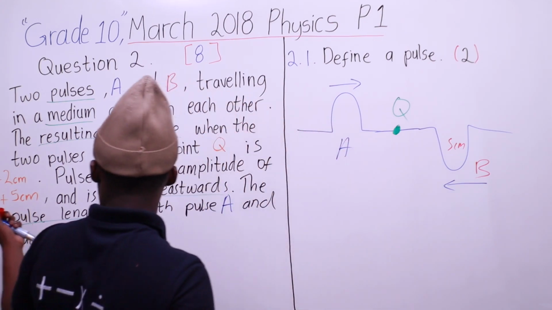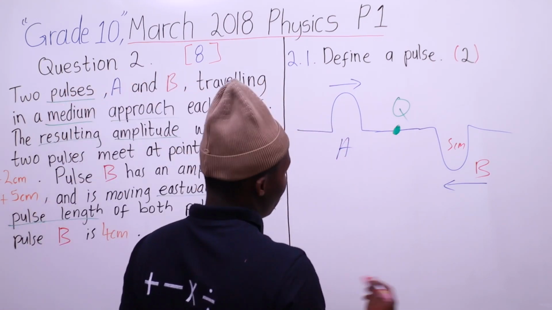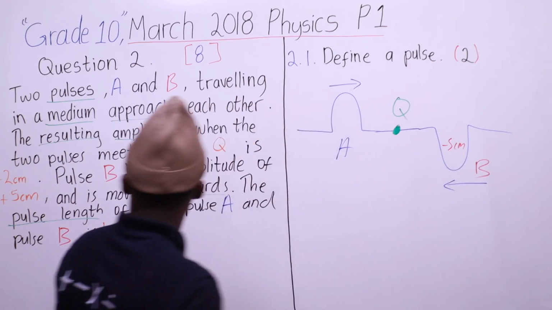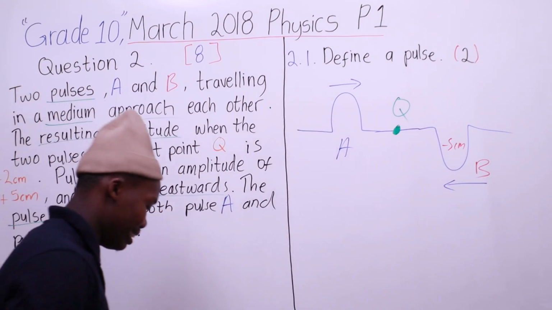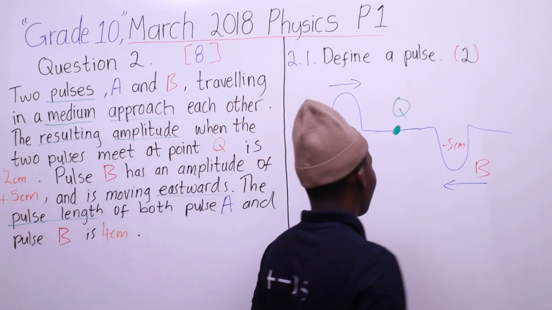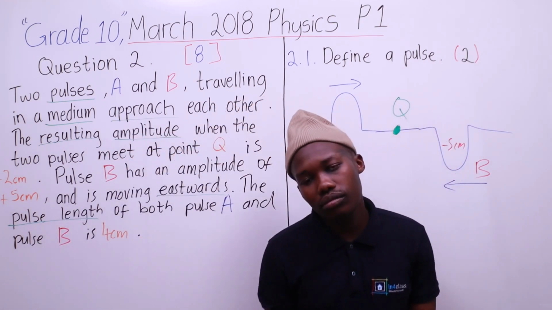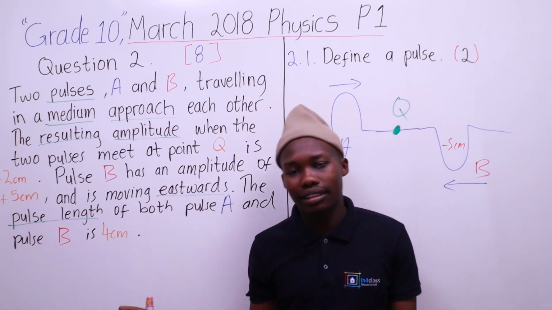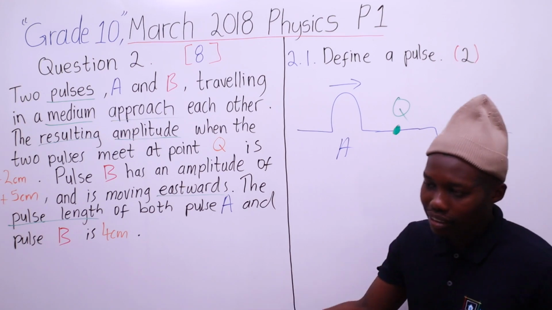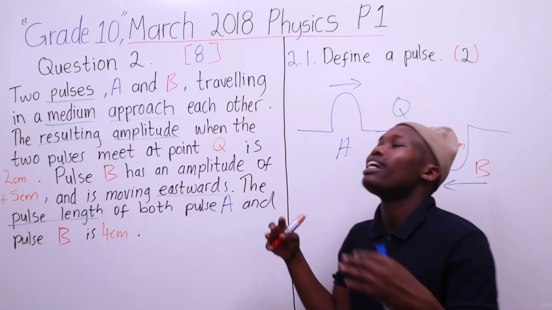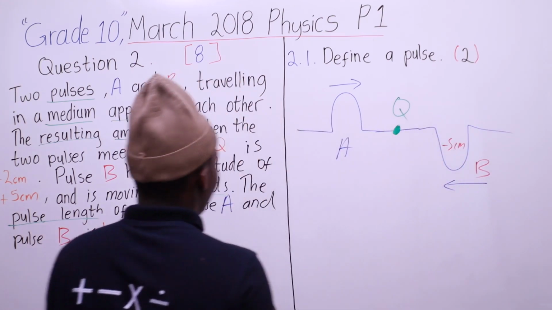Yes, so B is below, so it will be negative. And is moving eastwards. Where is east? Remember where east is. East is this way, and west is that way. So B is moving east, which means we are west because they are approaching each other.